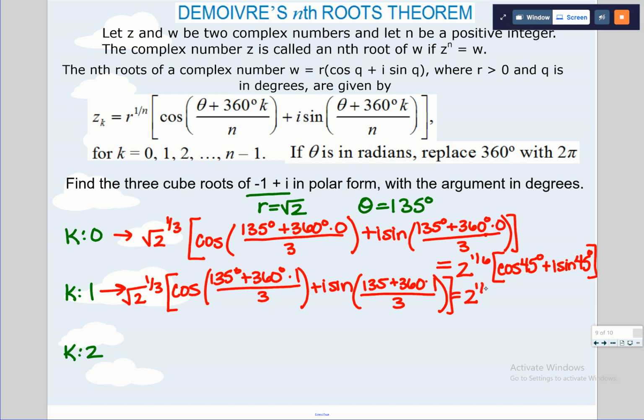Okay, so it's still going to be 2 to the 1/6 out front. Again, the only thing that's changing is that angle. 135 plus 360 times 1 divided by 3 gives me 165, plus i sine 165.